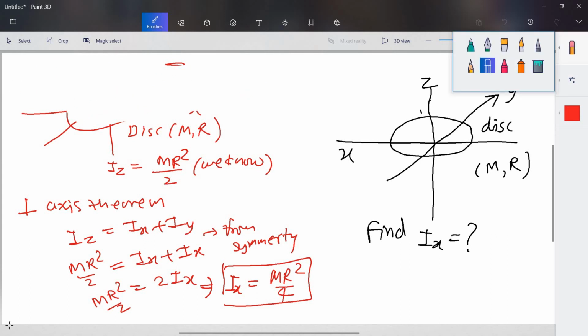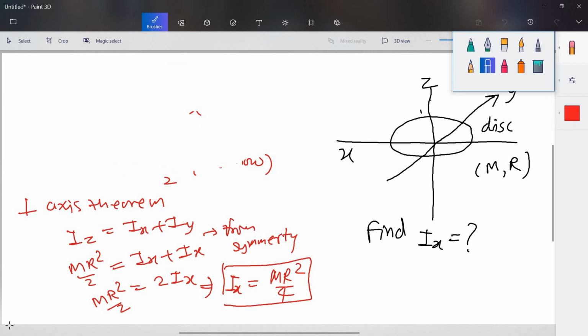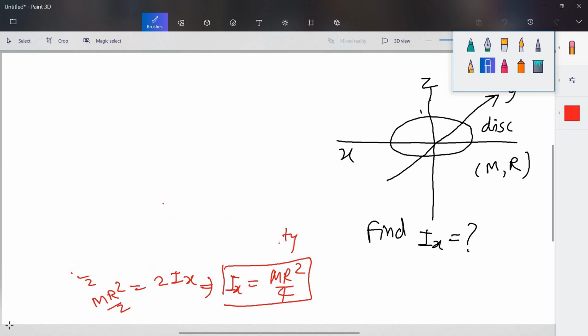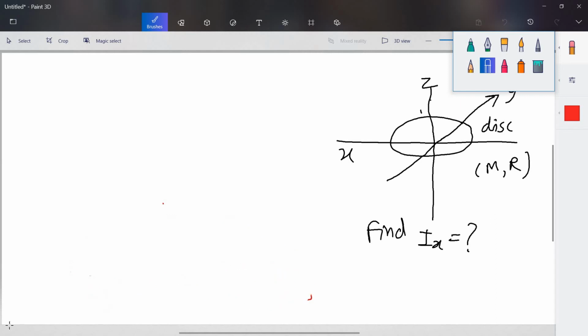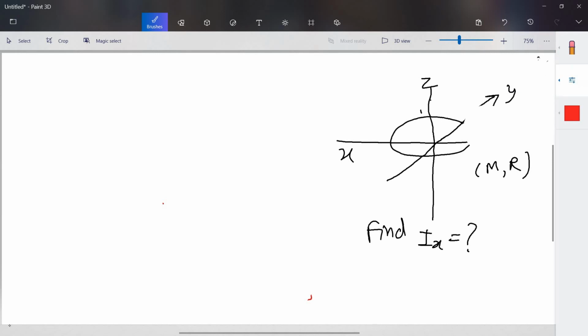So let me erase it. Find here also we have to find the moment of inertia. Where's the pen? The last question was very easy.